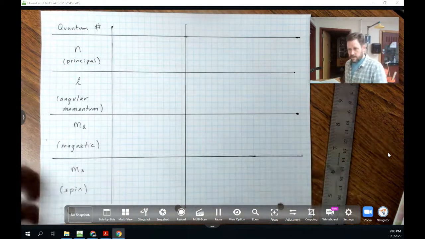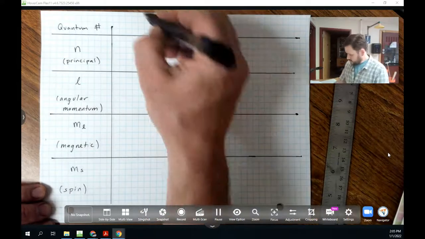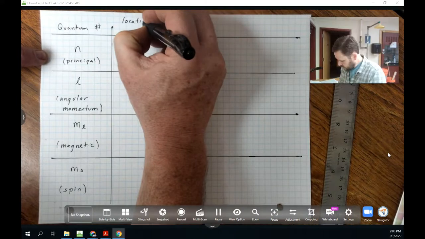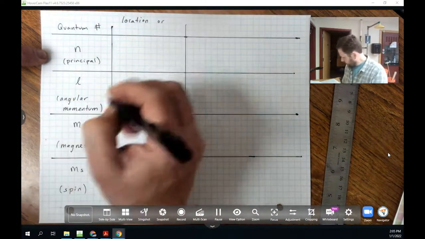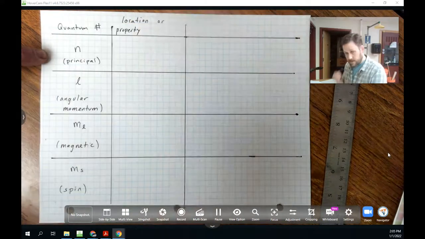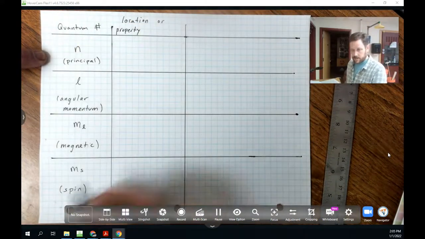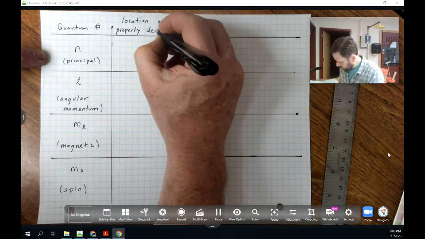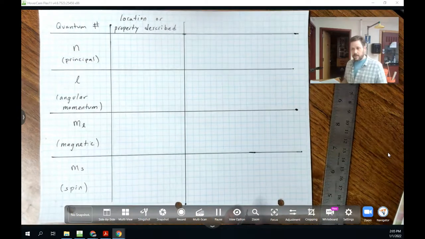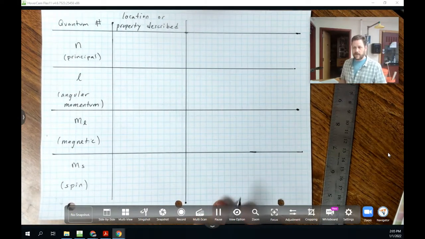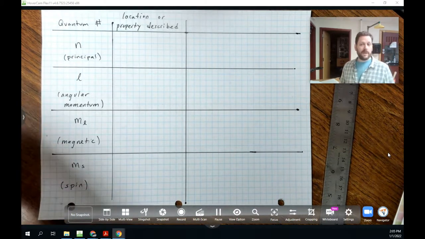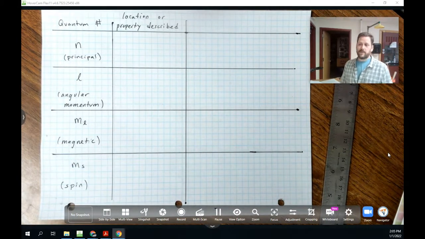The way we're going to describe what these mean is by first making a column here labeled location or property described, because you could think about it as describing a location, like what shell is the electron in, or you could really think about it as describing a property, because we'll learn later that some of these numbers really describe property more than a location, because electrons tend to not be located in space the same way macroscopic objects are.